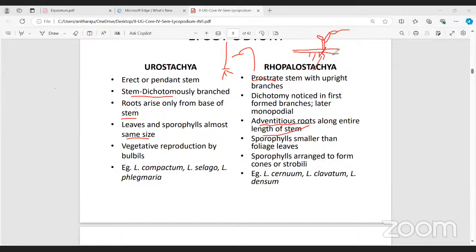So these are the roots. Here another one: leaves and sporophylls are almost the same size, but here the sporophyll is smaller than the foliage leaves.